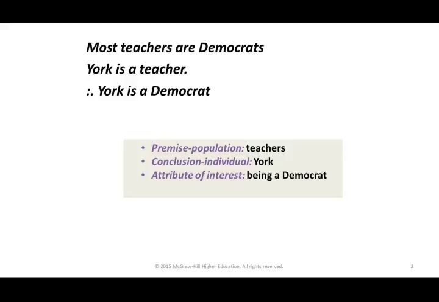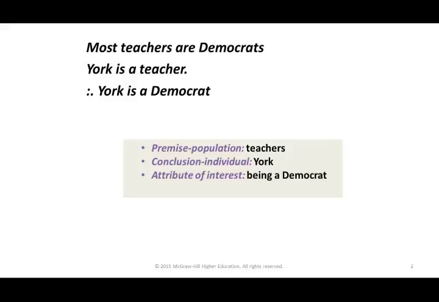So notice that teachers are what we call our premise population. York as a teacher is not our sample. He's actually a population, okay? When I say that most teachers are Democrats, notice in the first premise, I'm making a comment about teachers. That's the group of things, the population that I'm talking about.